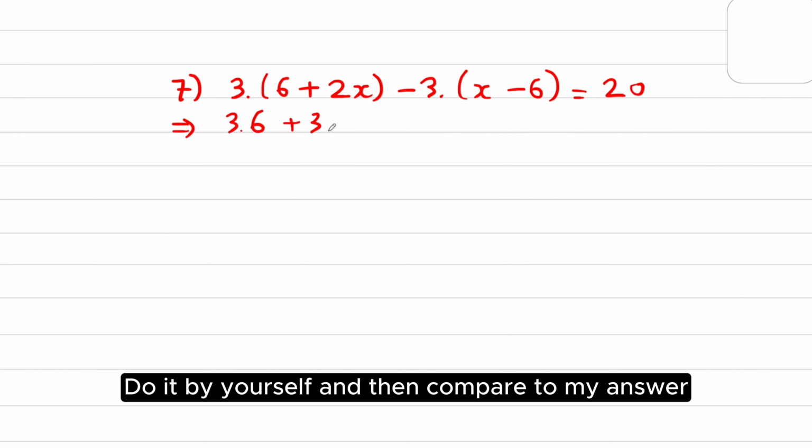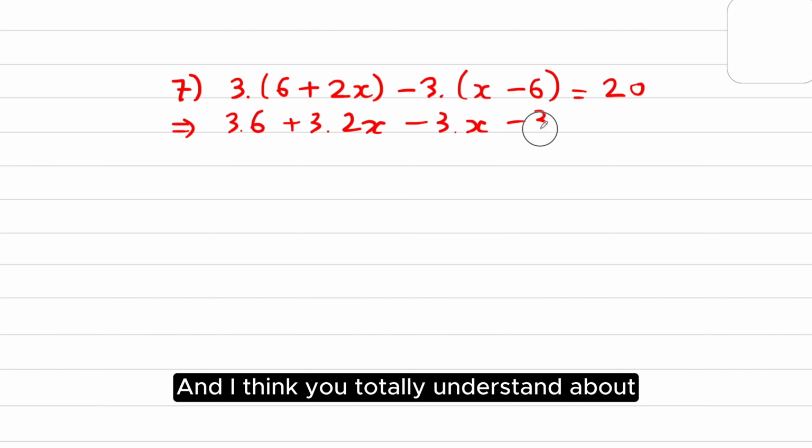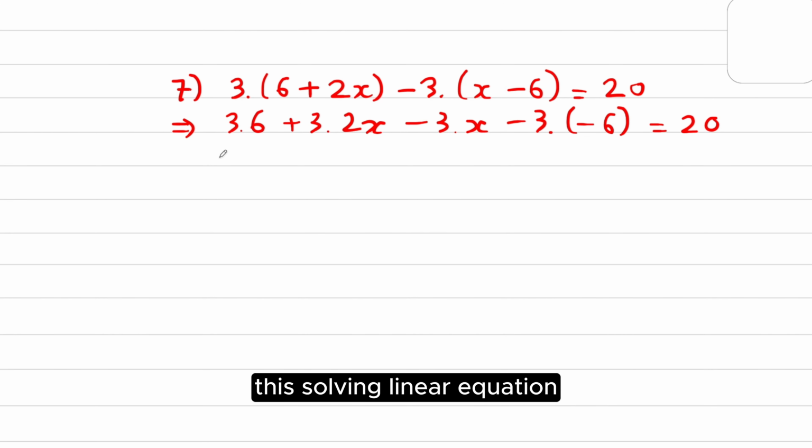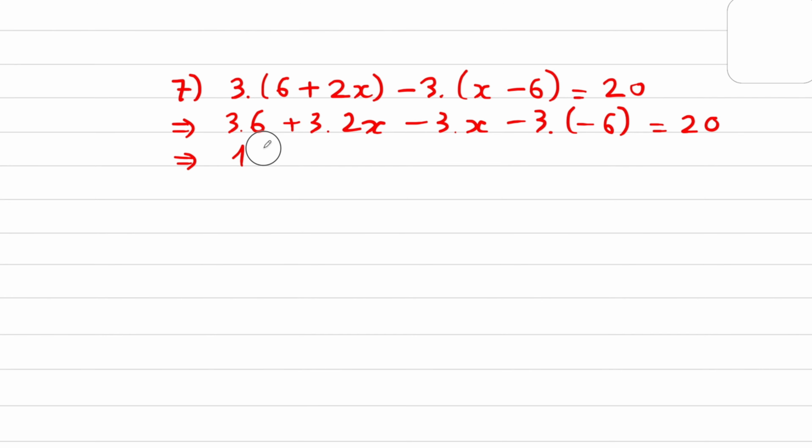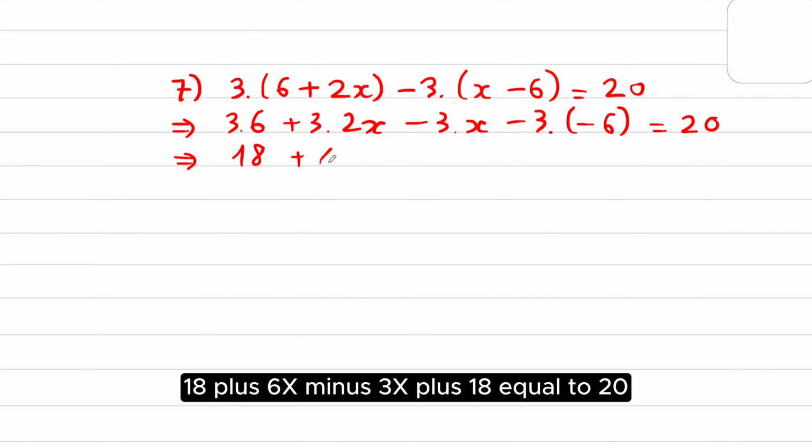Question 7. Do it by yourself and then compare to my answer. And I think you totally understand about solving the equation. 18, 6x minus 3x plus 18 equal to 20.